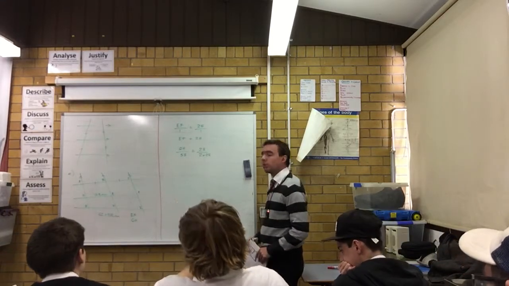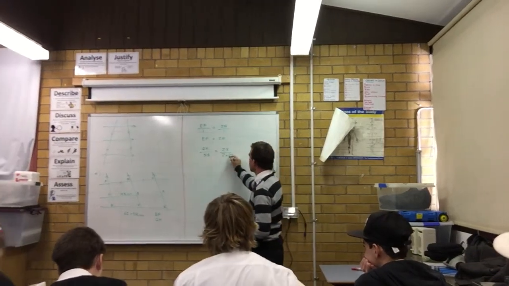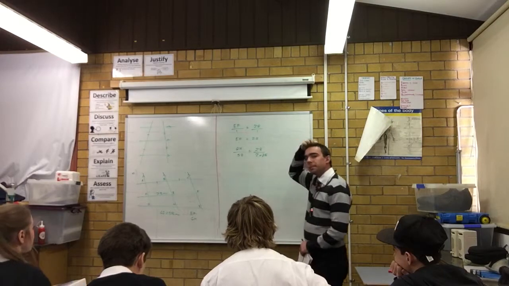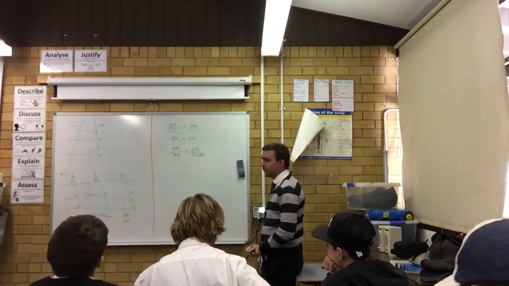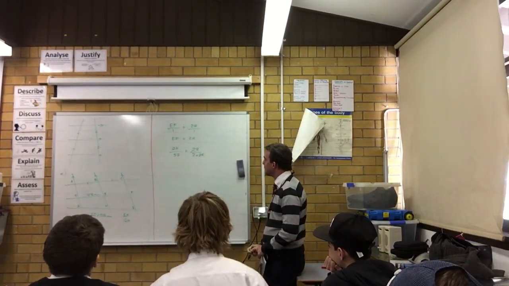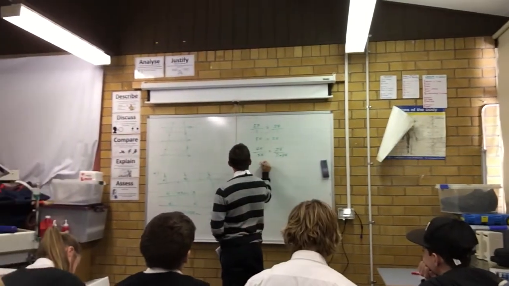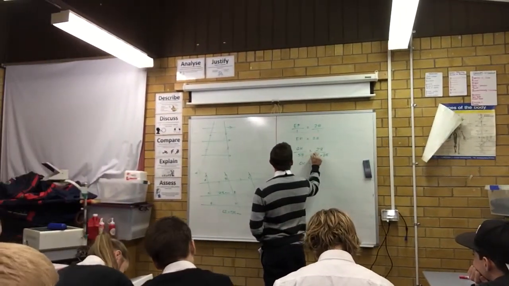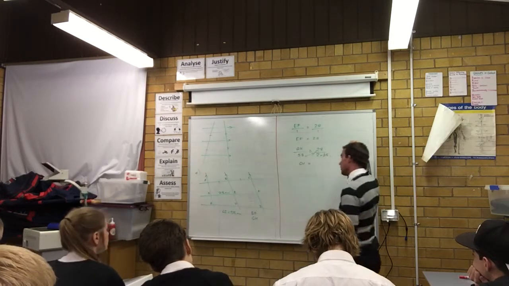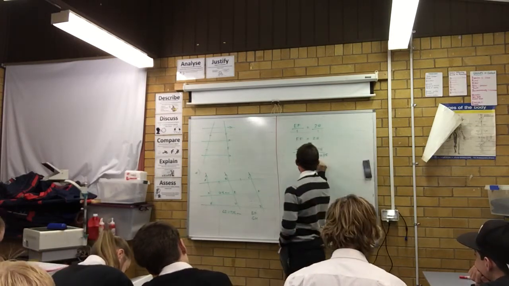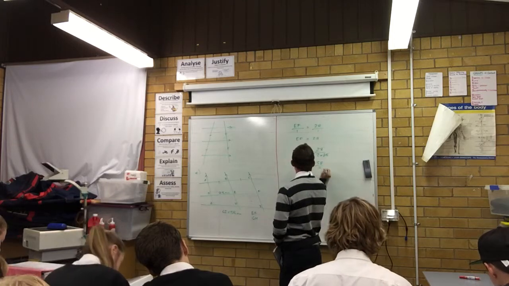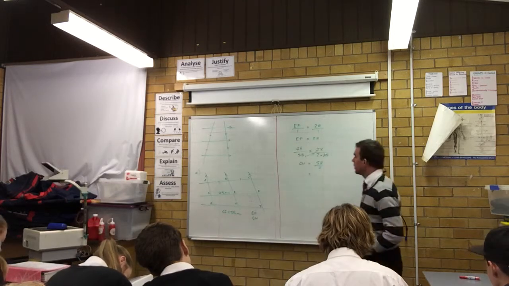The reason I wrote 2 times 28 is because I can nice and easily cancel. Simplify fractions as you go. So I need GH by itself, so I need to multiply by 58 on the other side. So it'll be 58 on 2, in other words, half of 58.